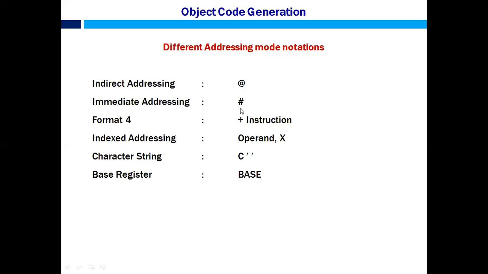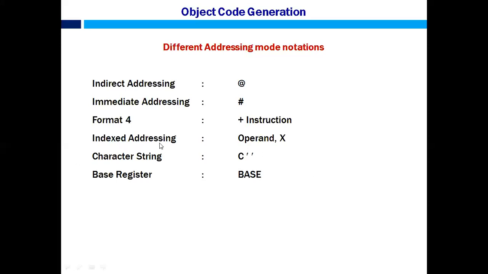We will have the instruction followed by the hash symbol. Then format 4. Since we have format 3 and format 4, how do we recognize format 4? We will have the instruction preceded by the plus operator. That means, let's say, plus ADD or plus LDA.